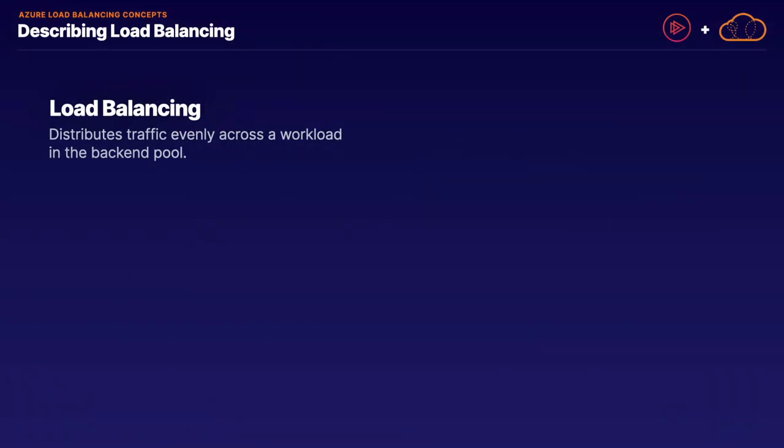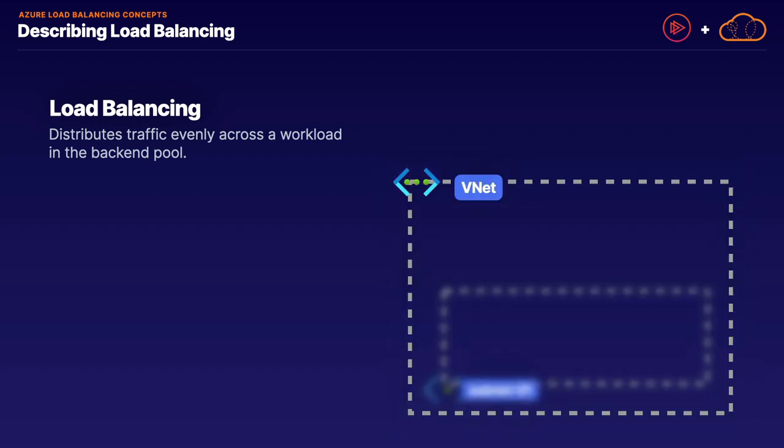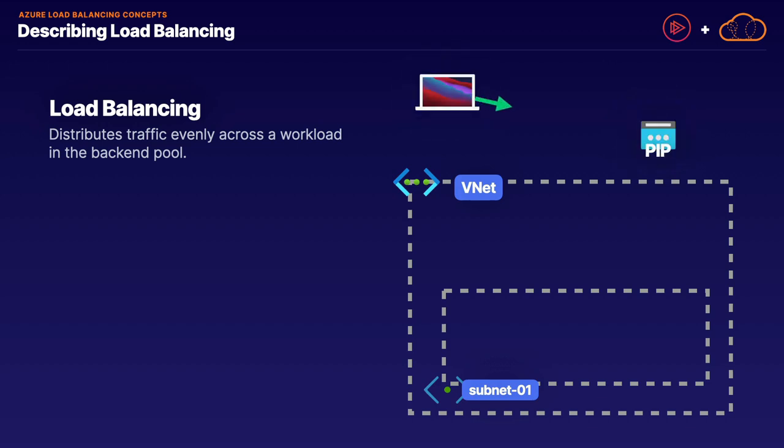Load balancing is this idea of distributing traffic evenly across a workload, specifically a workload that's running in the back end. Now, just to help us get an understanding of exactly what this looks like, let's take a look at a virtual network here. In this virtual network, we have a subnet, and we have a public IP address that our client is going to request from.